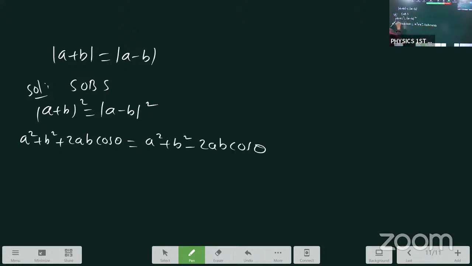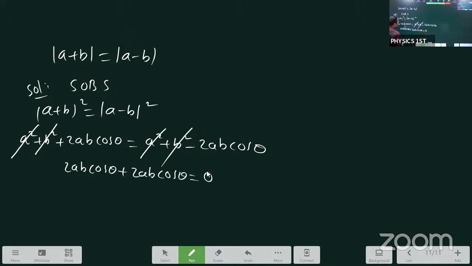Here, A square and B square cancel each other. Moving the minus term to the left side, 2AB cos theta plus 2AB cos theta equals 0. So 4AB cos theta equals 0, cos theta equals 0. Don't think of this as 0 degrees.